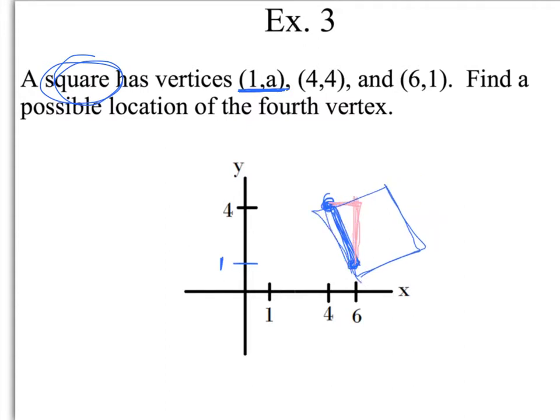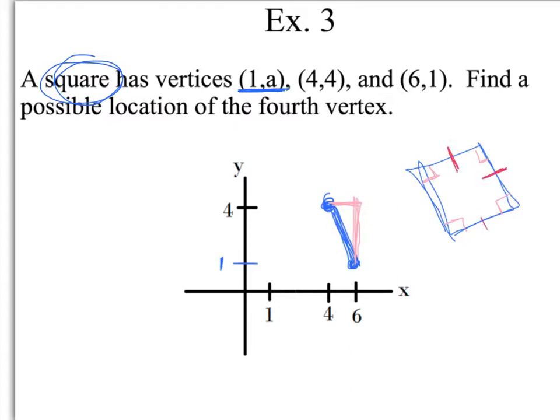Okay, here we go. So I'm saying that the square might look like this. I mean, this could be the square. So if that's the square, well, I do know some things. I know each of the vertex angles should be 90 degrees. And I know all of the sides should actually be the exact same length. So I can use that in sort of a creative way.